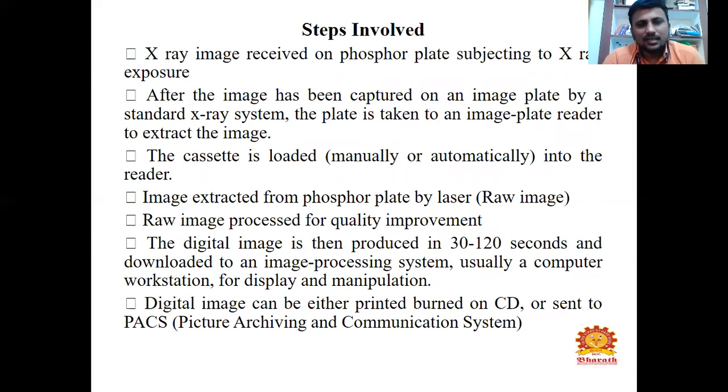The image is extracted from the image plate by laser, that is called the raw image. The raw image is processed for quality improvement. The digital image is then produced in 30 to 120 seconds and downloaded to an image processing system, usually a computer workstation, for display and manipulation. The digital image can be either printed, burned on CD, or sent to a PACS system.